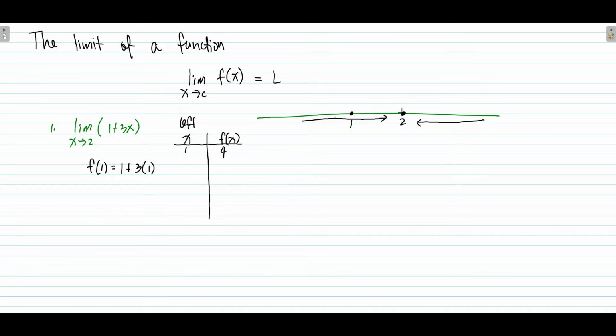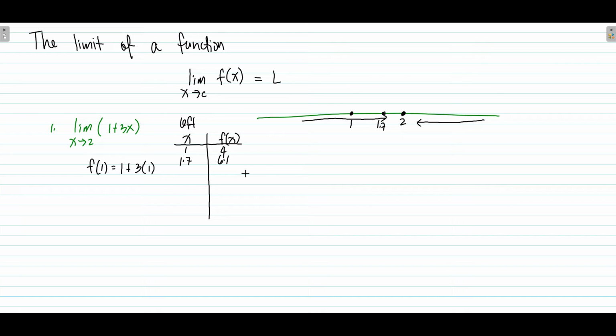Papunta sa positive 2. So, dito, pwede natin kuning 1.7. So, that's 1.7 as the value of x. So, that is going to be 6.1. Gamitin nyo na lang yung calculator or if you have time to validate this, it's going to be 6.1 as the value of the function.